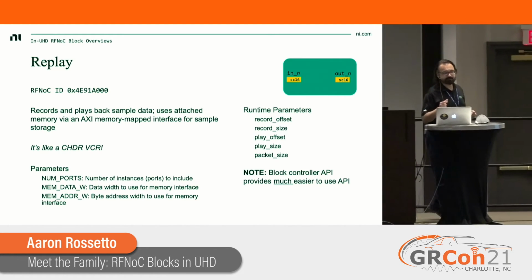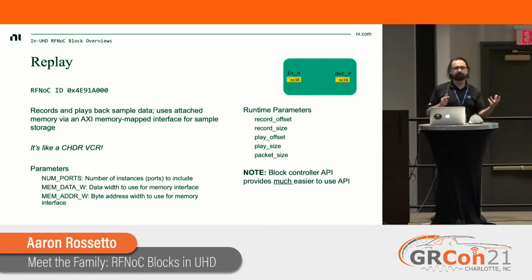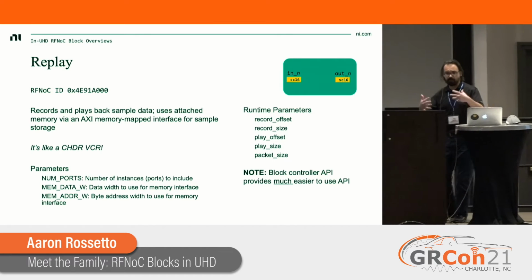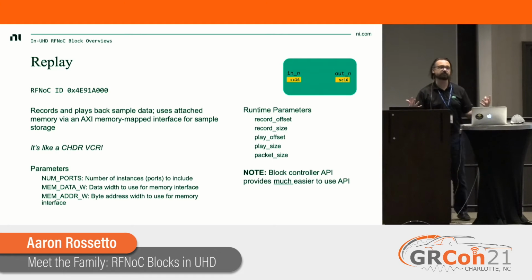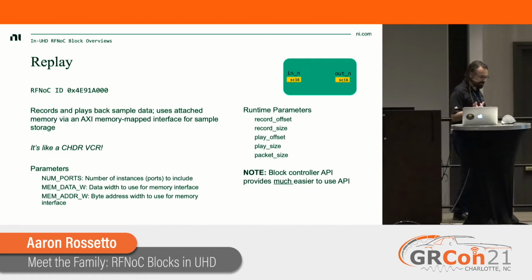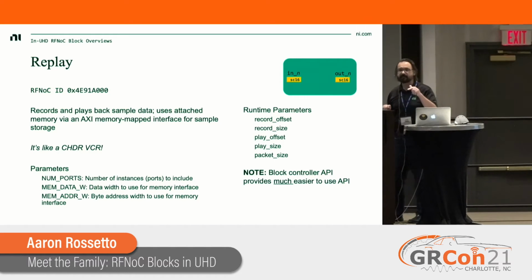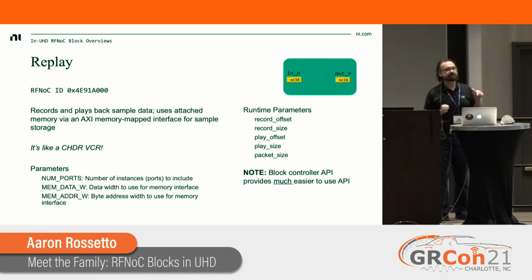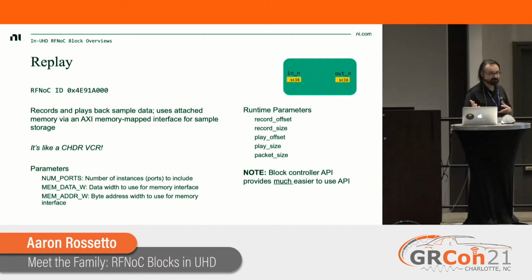The one thing I will say about this block is that in a lot of cases, the block controller API and the set of properties that a block advertises are pretty similar. In a lot of cases, they don't diverge greatly. This is one case where they do, because Michael West and my colleague Matt Prost put a lot of time and effort into designing a really good API to make using the replay block as simple as possible, because there are some caveats here.